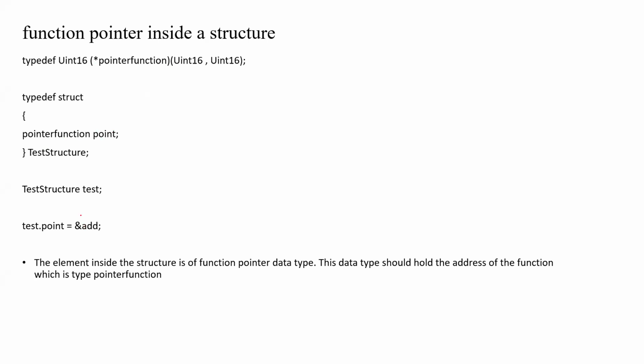Now inside main, you store test dot point, where test is a variable. The dot point is a function pointer, so it should store the address of some function. The element inside the structure is of function pointer data type, and it should hold the address of a function of that pointer function type, right? So this is what I tried to explain.